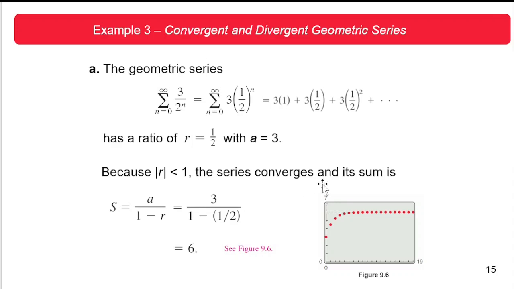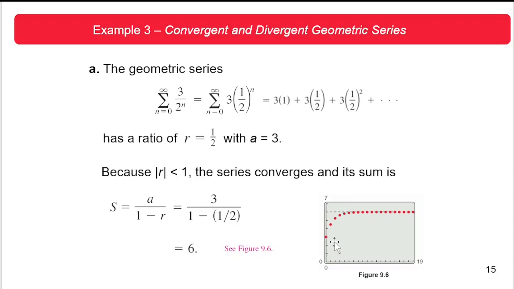And the sum of this series, from the formula, is a over 1 minus r, where a is 3 and r is 1/2. But 1 minus 1/2 is 1/2, and 3 over 1/2 is 6. So therefore, the sum of this geometric series is 6.